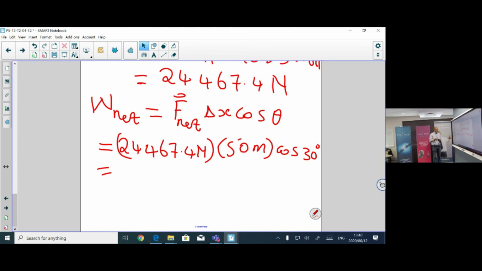Let's just do this together. 24,467.4 multiplied by 50 in meters multiplied by cos 30. If you can just look at that, that is 105,946.9.